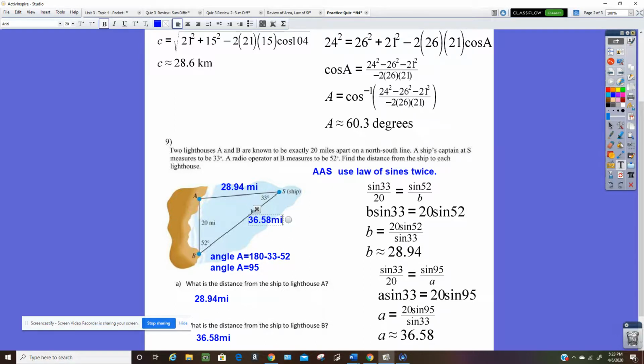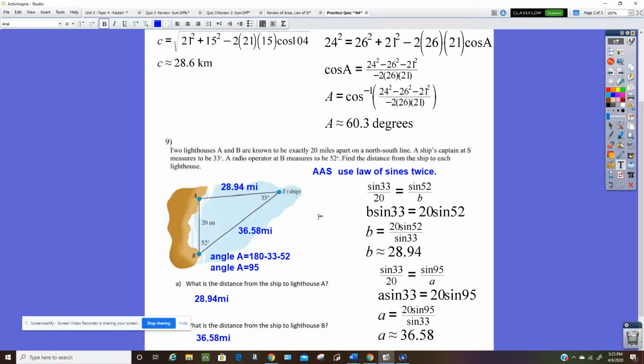This makes sense because in geometry, you should have learned that the sides are proportionate to the angles they're opposite of. 95 is the largest angle, so this is the largest side. 33 is the smallest angle, so that's the smallest side. And 52 is in between 95 and 33, so this answer has to be between 20 and 36.58, and it is.